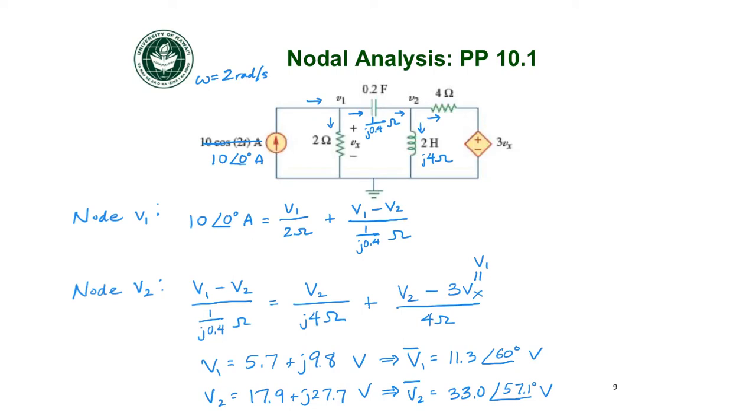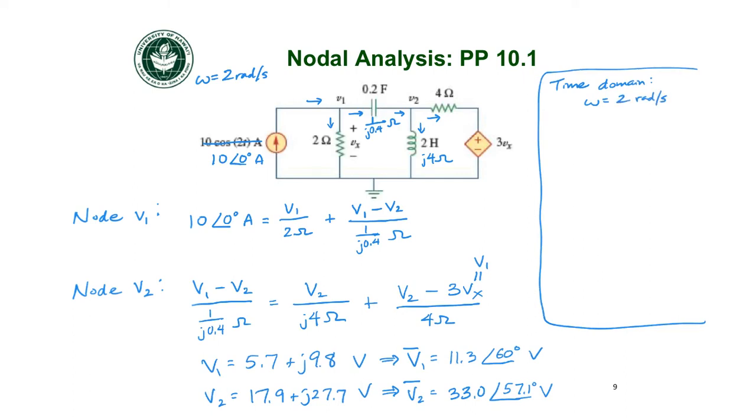Now let's say we want to convert this back to time domain. So let's do this over on the right. Okay, so we need to remember that our frequency that we did all of this at is 2 radians per second. If for some reason the frequency of the current source changes, what we just did is all invalid.